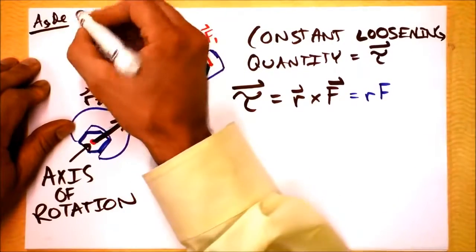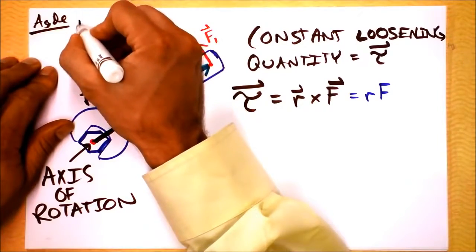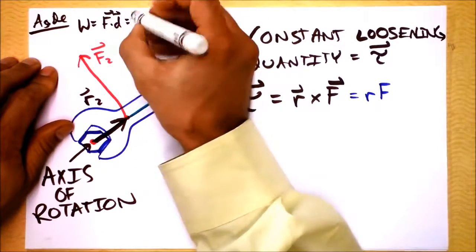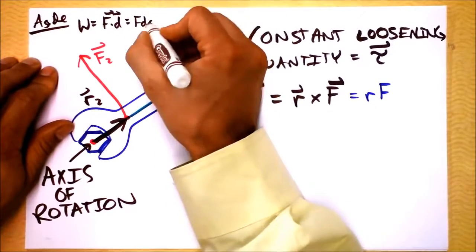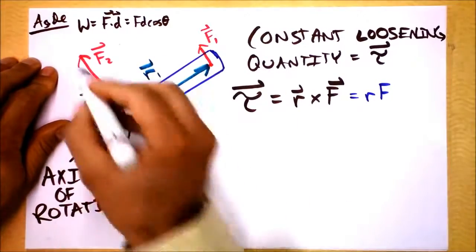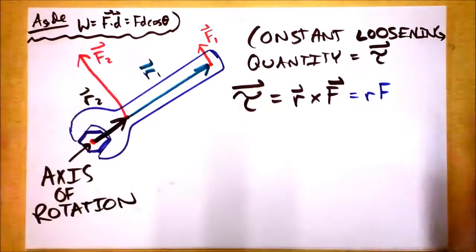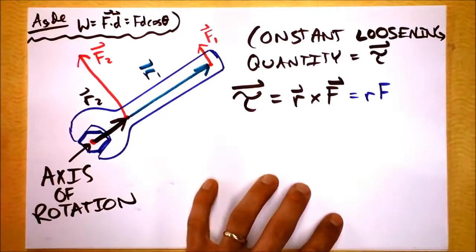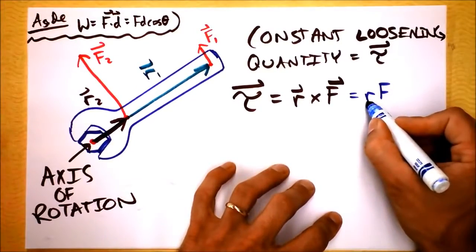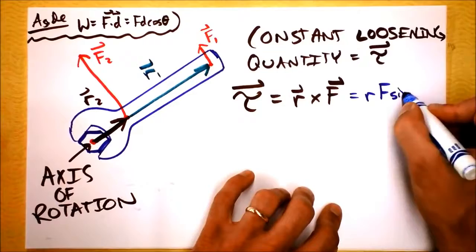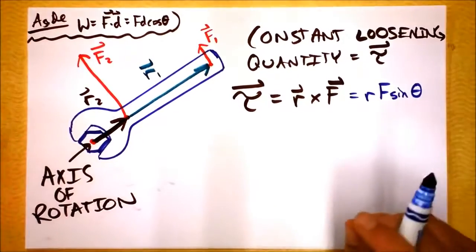You remember that a dot product is, for instance, work is F dot D, and you remember that that was F times D times cosine of the angle between F and D. So we're probably not going to use cosine. It probably has something to do with the sine of the angle. The distance out from the axis of rotation times the force times the sine of the angle between them.